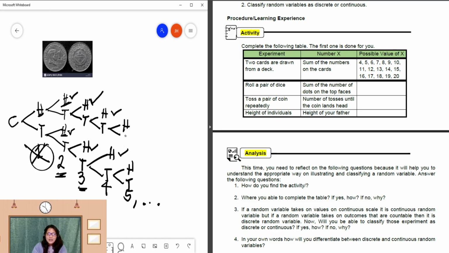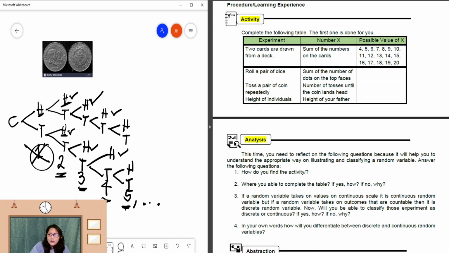Yes, because again, it keeps repeating. So it could be 7, 8, 9, 10, until 100 tosses if it keeps repeating. Okay? So possible values of x are 2, 3, 4, and 5, and so on. So, I hope it's clear, the toss of a pair of coins repeatedly. How about height of individuals? So, what is your height?